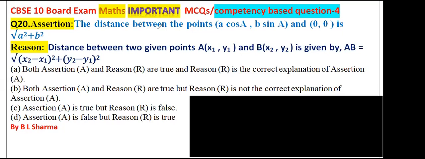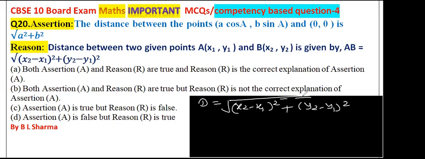Assertion: the distance between the point A cos A, minus B sin A and 0, 0 is. We know the distance is given by square root of x2 minus x1 whole square plus y2 minus y1 whole square.